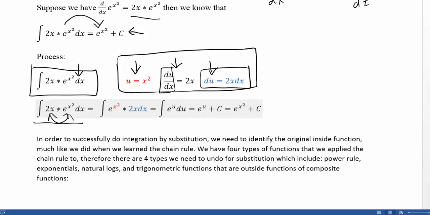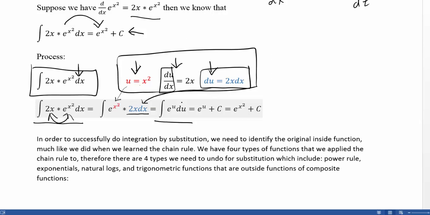So instead of x squared in the power, I'm going to write in my u, and then instead of 2x dx, I'm going to substitute in du. So my integral becomes e to the u du once I make my substitution. And again, the reason I want to be able to do this is because now this antiderivative is one from my chart.